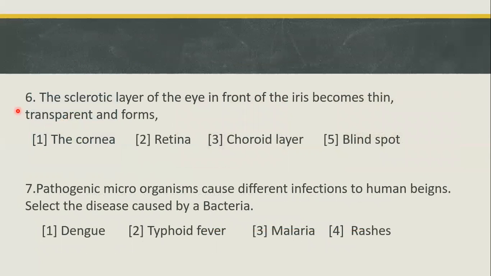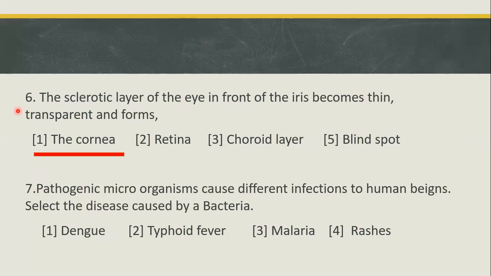The sclerotic layer of the eye in front of the iris becomes thin, transparent, and forms the cornea, retina, choroid layer, blind spot. The sclerotic layer of the eye in front of the iris becomes thin, transparent, and forms the cornea.